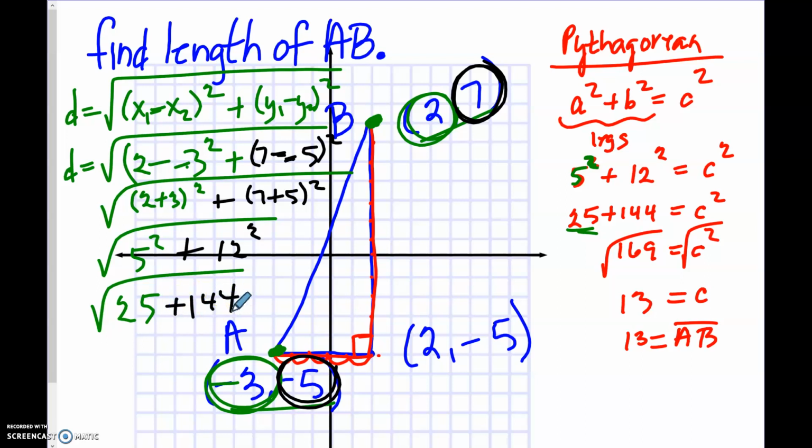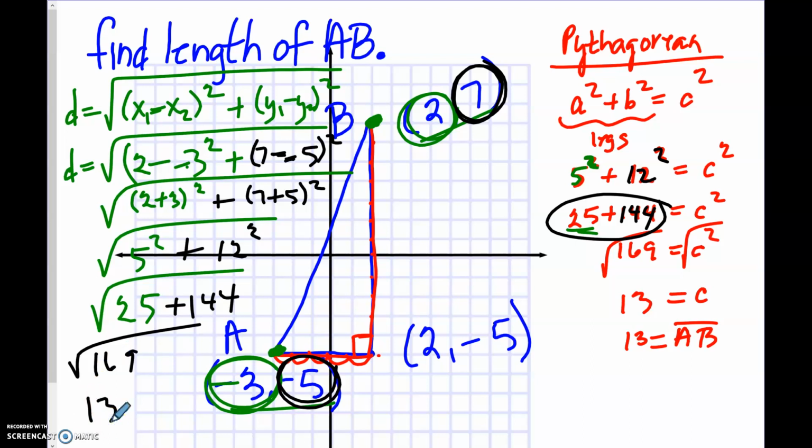So let's look at the other leg. Isn't that 12 squared? And I got 144. That's exactly what I got in the black. So now I'm at the same point where I take 25 plus 144. That's still 169, and the square root of 169 is 13.